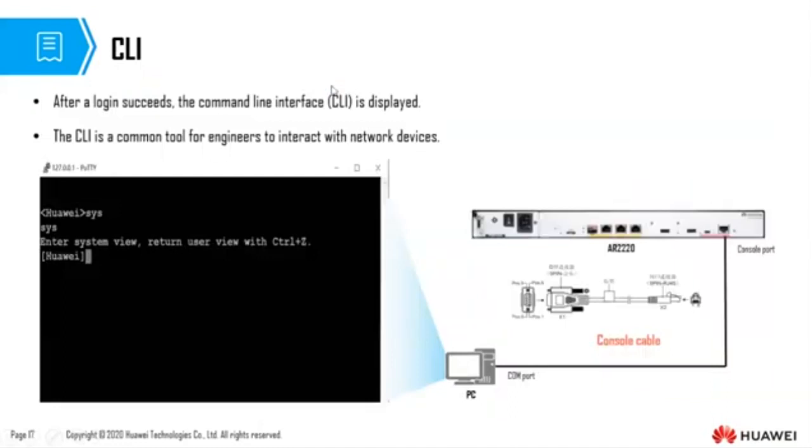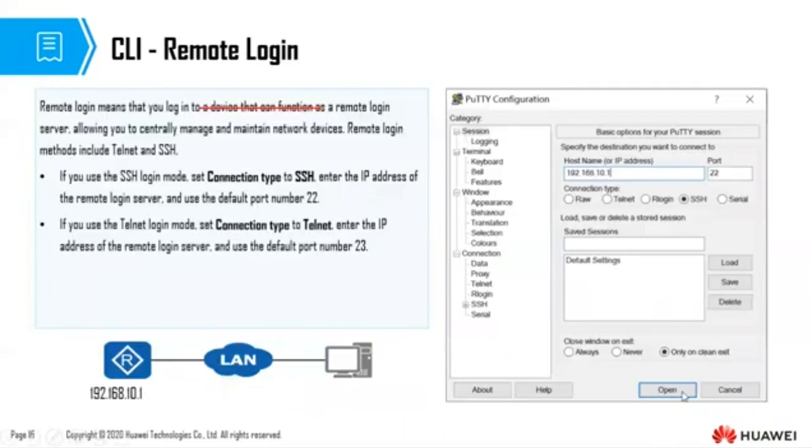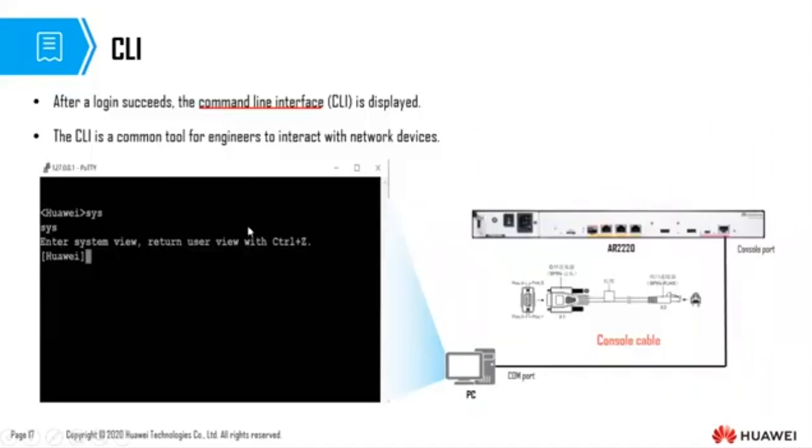So let's look at the CLI. CLI in full is command line interface, a common tool for engineers to interact with network devices. After you've entered those configurations on PuTTY, when you click on open, the next thing you get is the CLI.